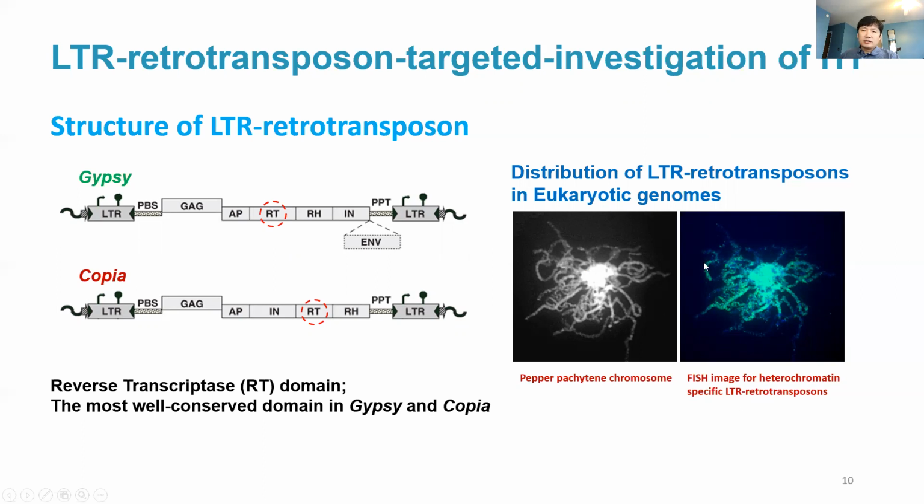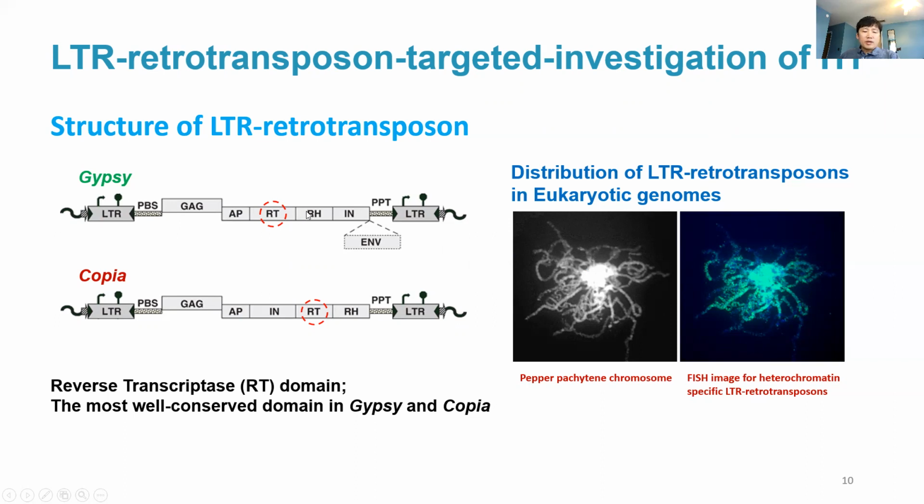The green signals indicate the LTR-retrotransposons, and as you can see, it is the major component of the genome. And their structure shows long terminal repeats at both ends, and the functional domains for their replication exist between the two LTR sequences.